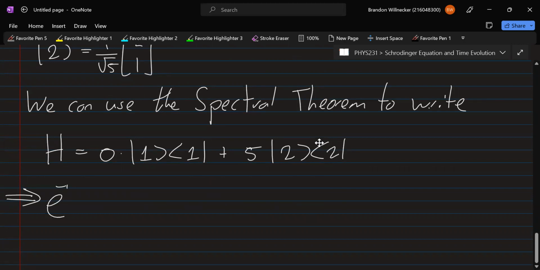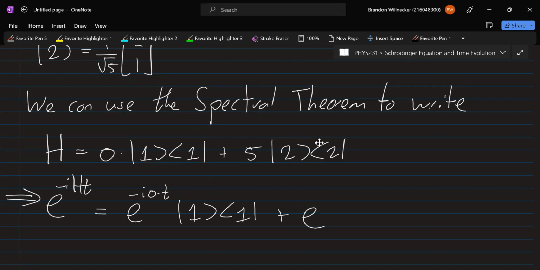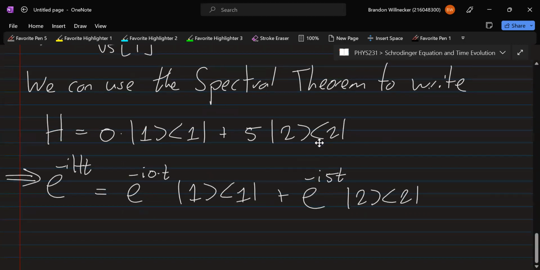So e to the minus iHt, that's going to be e to the minus i 0 times t, and then the first projector, plus e to the minus i 5t times the second projector. Now we see that the 0 in the exponential here, that's going to make this a 1. Now, if we left it out, then we wouldn't have that term.